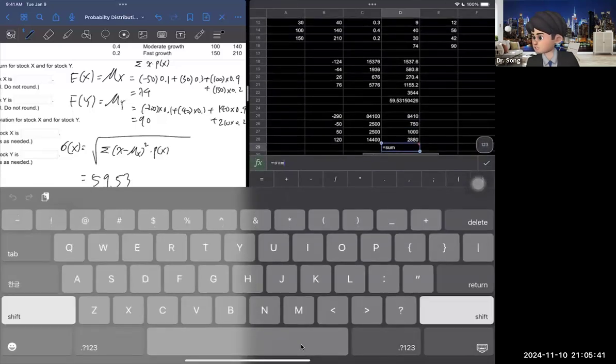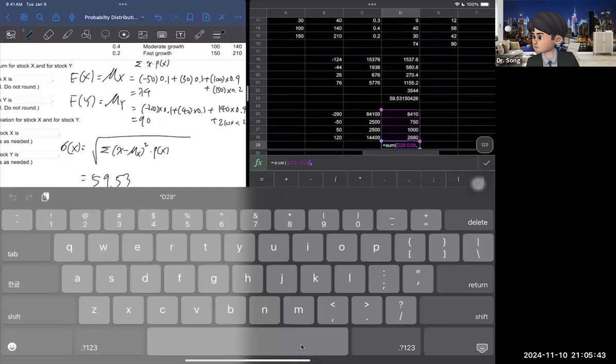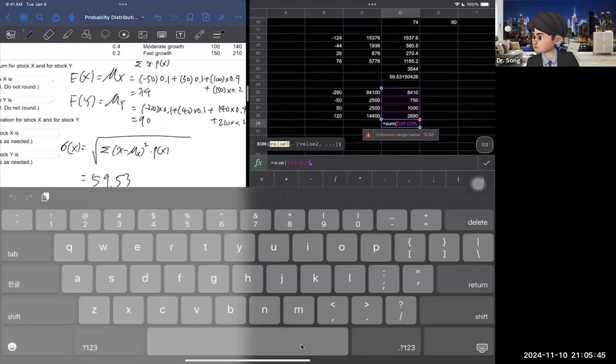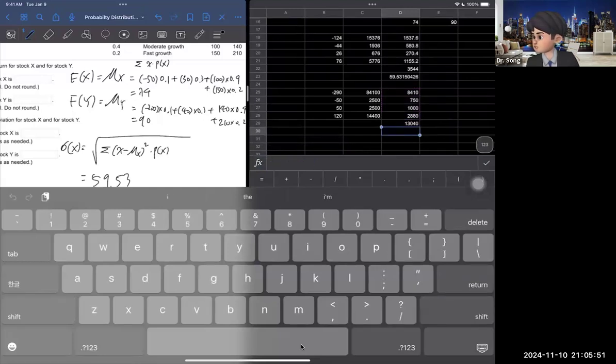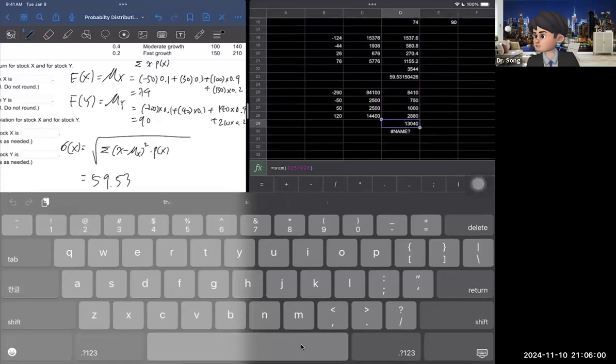The summation of these 4 numbers, I got, so I need to close the parentheses. So I got 13,040, and then you take a square root of this number.